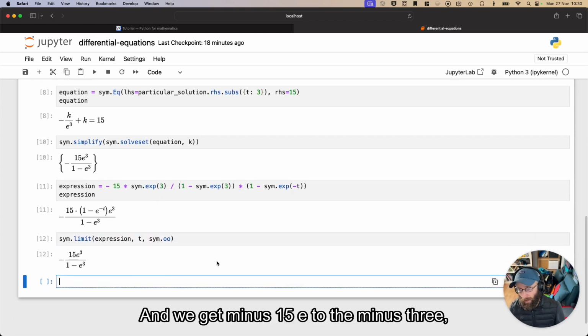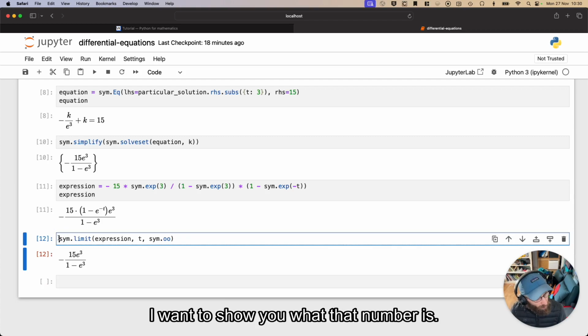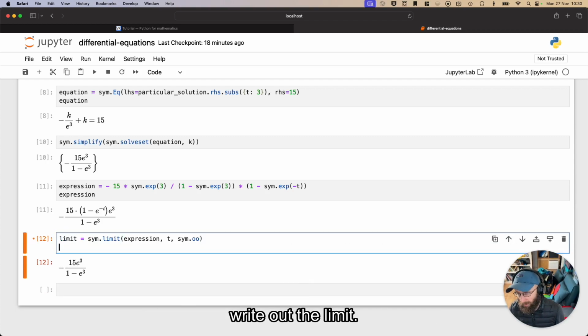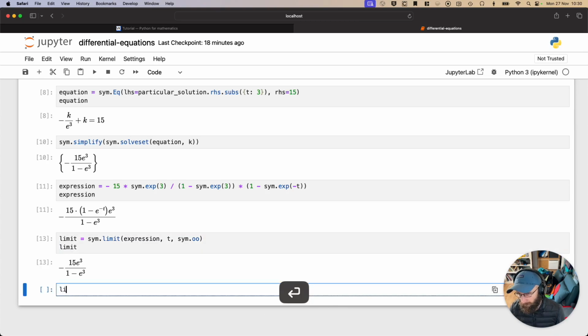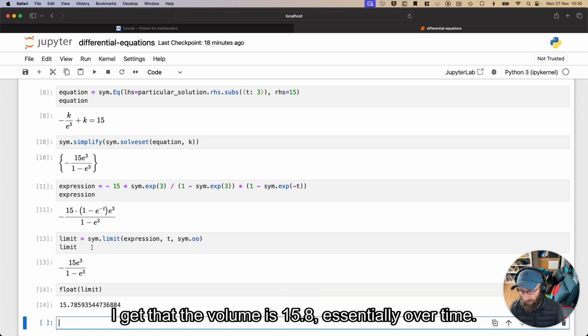And we get minus 15 e to the minus 3, like that. Now, that's a number. I'm not entirely sure what that number is. So let's save that, write out the limit, and if I convert that to a float, I get that the volume is 15.8, essentially, over time.